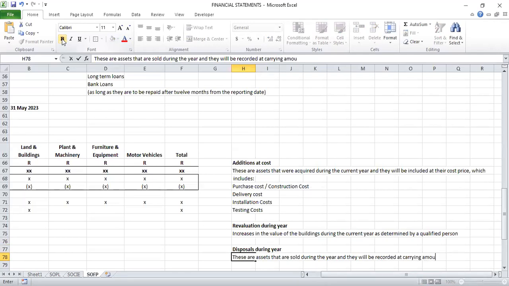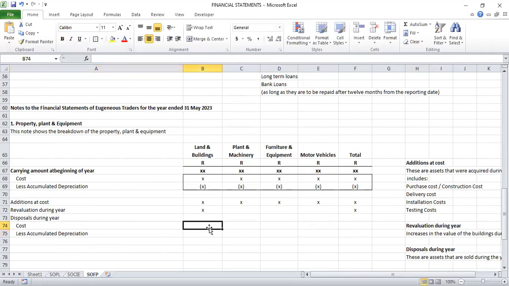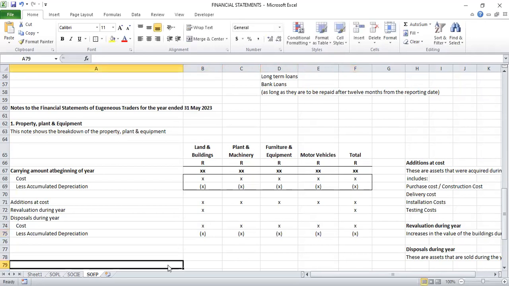Sometimes we just show the carrying amount, or we will also show here, we would say cost, then we say less our accumulated depreciation on date of sale.